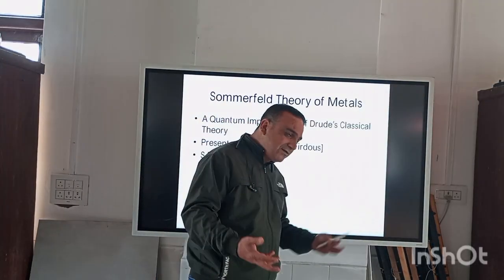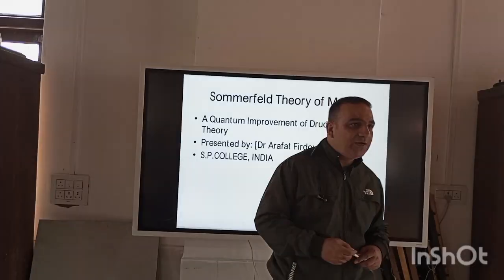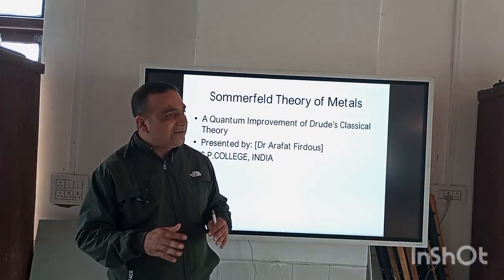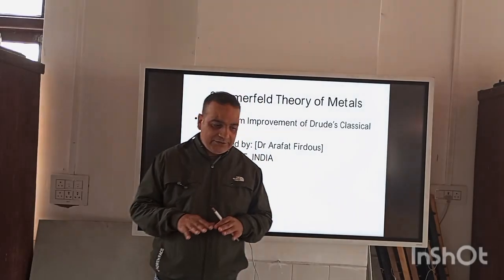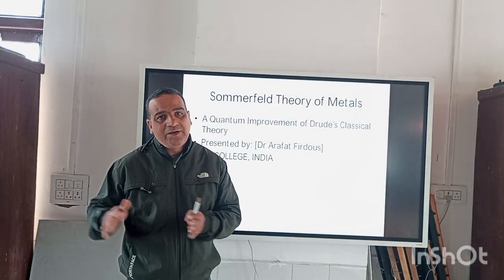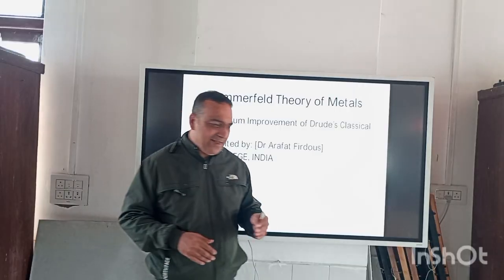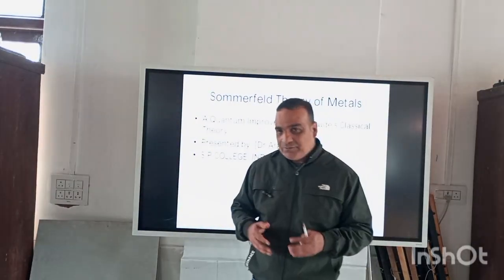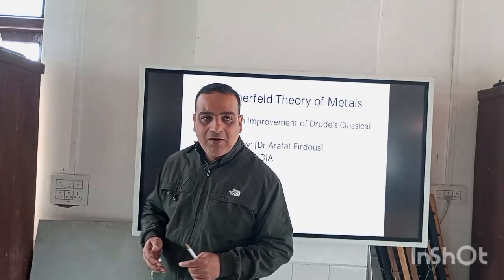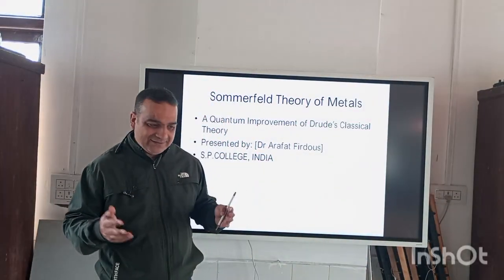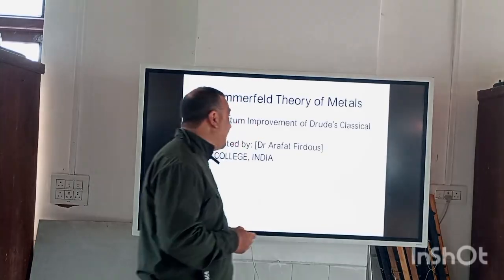And then there is another class of solids, which we call semiconductors, whose conductivities range between metals and insulators. The Drude model has no explanation for why semiconductors conduct the way they do.